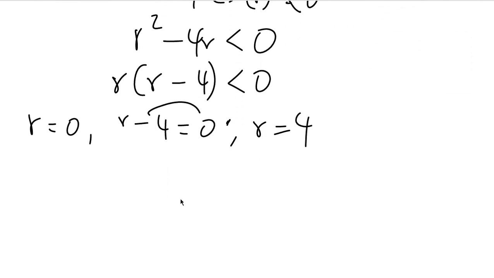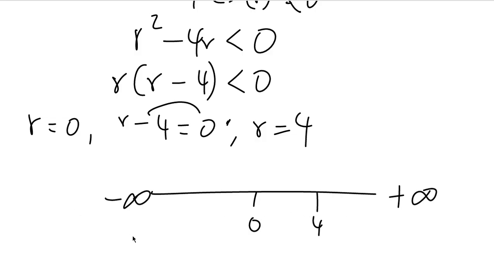Just draw a number line. Let here be 0, and let here be 4, with positive infinity on one side and negative infinity on the other. You will notice that these two points, 0 and 4, are the values for which r squared minus 4r is 0, because we equated each of them to 0. So they will not be included.